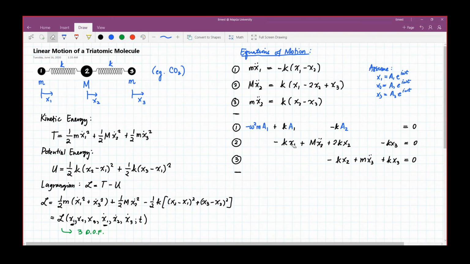Similarly the second becomes minus k a1, plus 2k a2 minus capital M omega squared a2, minus k a3. And lastly, we write this as minus k a2, minus m omega squared a3, plus k a3.